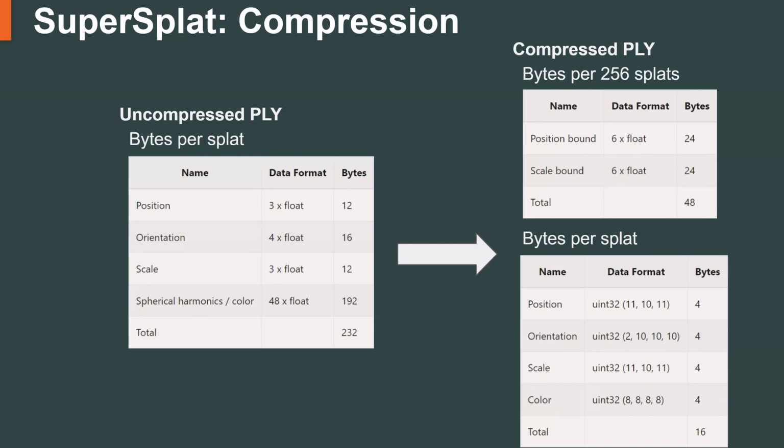Initially, PLY files contain floating point data. So the original position, orientation, scale, and color of each Gaussian is encoded into floating point numbers. We've devised a compressed version of this data where essentially we're just quantizing that floating point data down into integer numbers. And we're doing some other tricks as well where we're bucketing splats into groups.